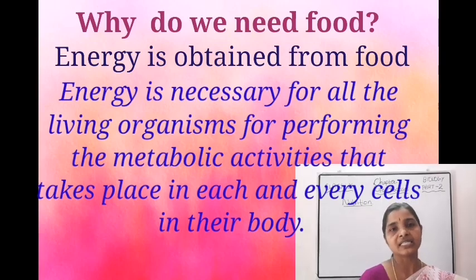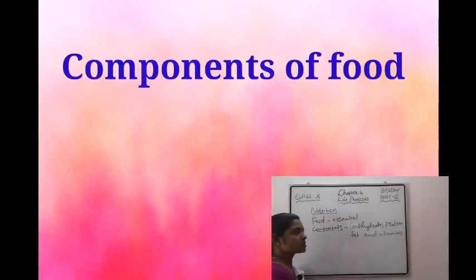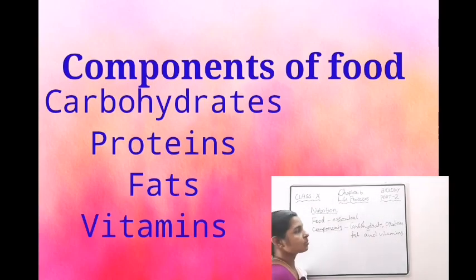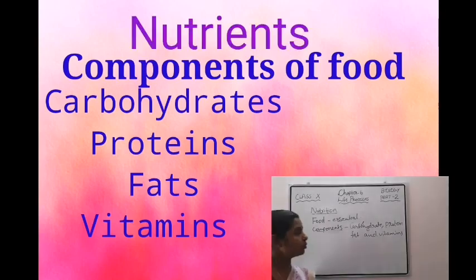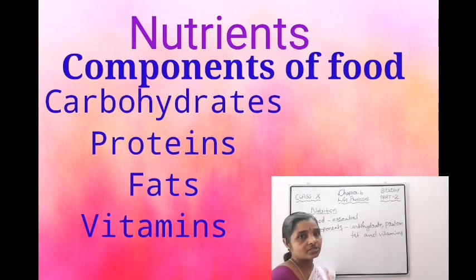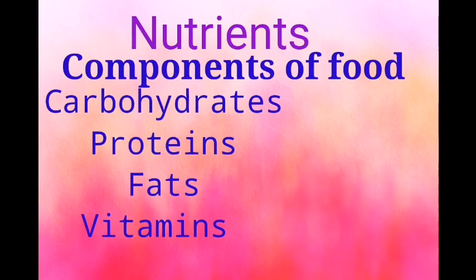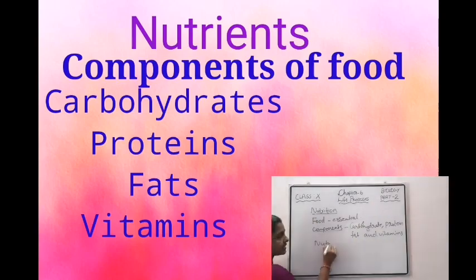From where are we getting energy? From the food we are eating. These are the components of food: carbohydrate, protein, fat and vitamins. These are all essential for our body in order to release energy. These components are called the nutrients.